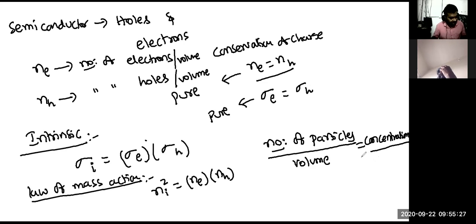Concentration we can write it as number of particles per unit volume. Is it right?